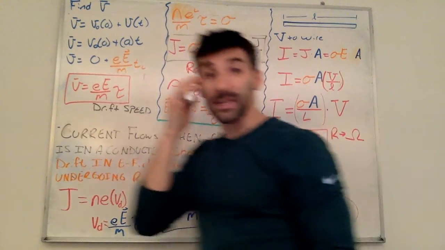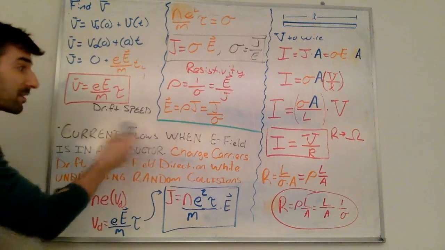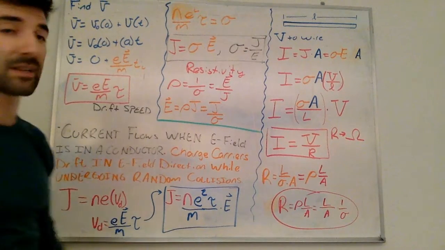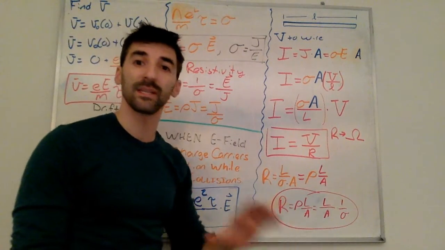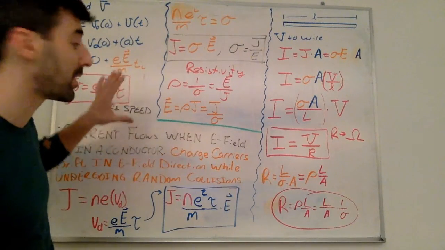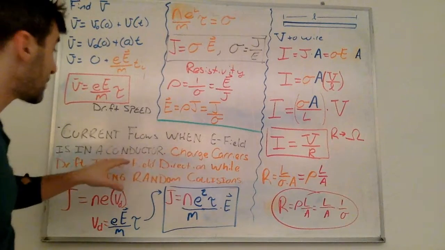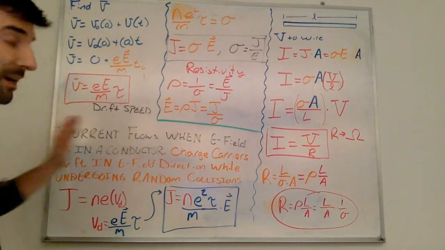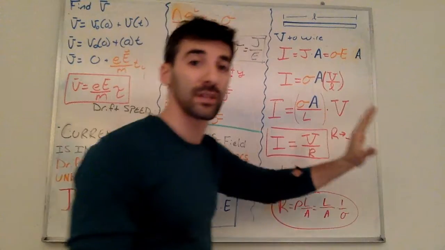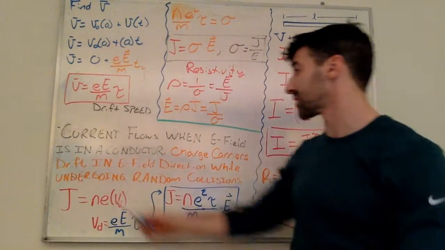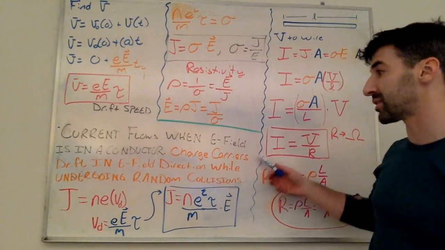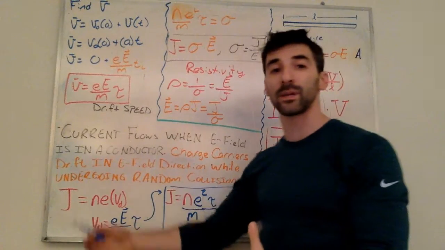Now what I want to show you here is putting everything together. We know that current flows when there's an electric field inside of a conductor. Now that electric field, so to speak, is due to applying a potential difference. So once I get that electric field, I know my charge carriers are going to drift in the direction of the electric field, like I just drifted across the screen. Once I'm drifting in the direction of the electric field, I'm going to undergo these random collisions.